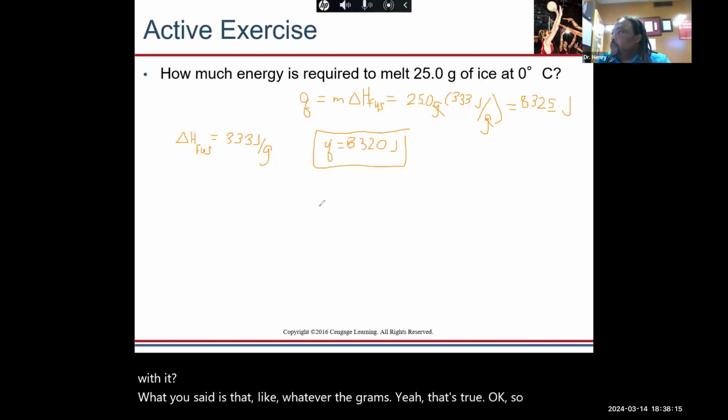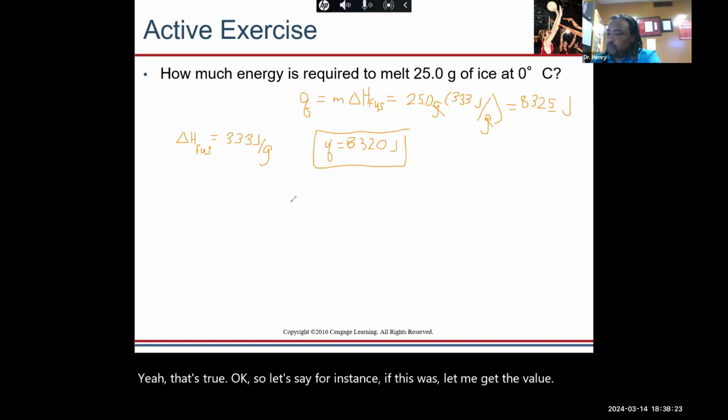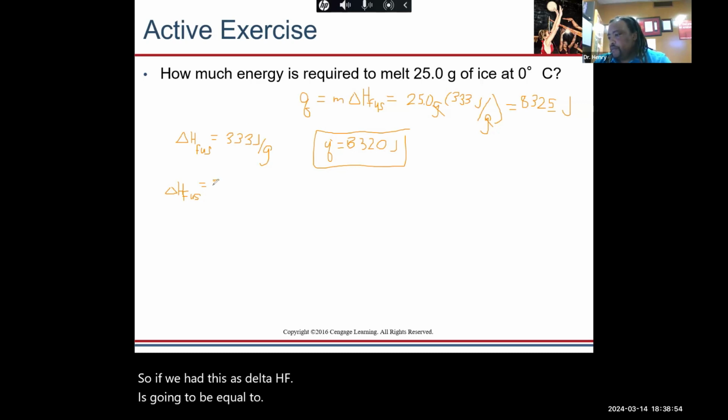So let's say, for instance, we had this as delta H fusion, and it's going to be equal to 5,994 joules per mole.